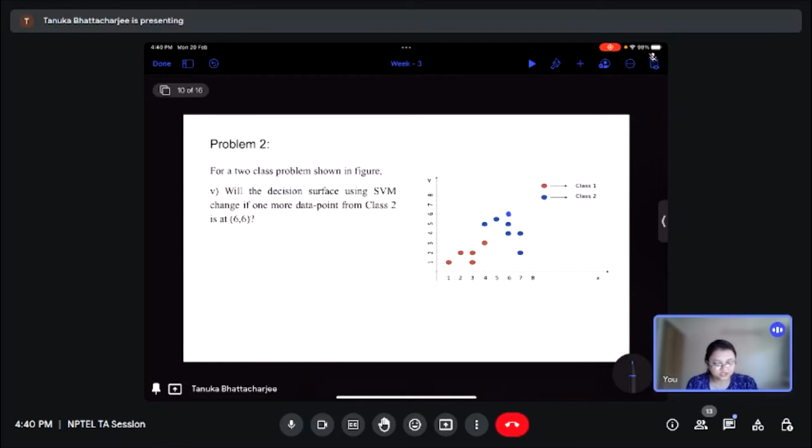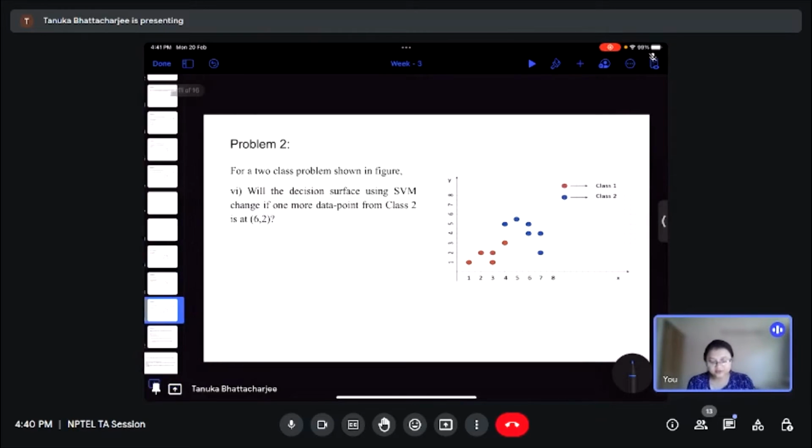So this new point that you have at 6, 6 is much within the class, it is not at all towards the class boundary, and your decision surface only depends on the support vectors, which are the points on the class boundary. So adding one point anywhere inside the class doesn't affect your decision surface computation. So since we are adding it much inside the class, it will not affect. So your decision surface will remain the same.